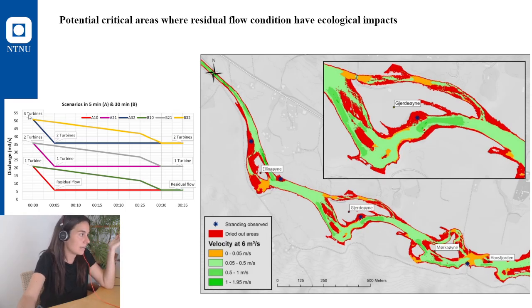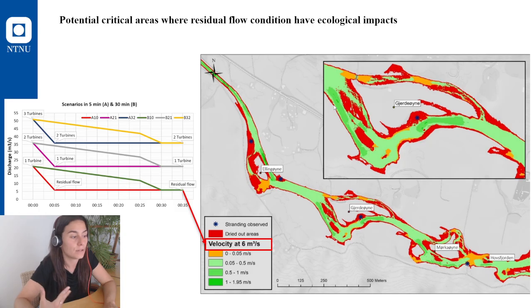We studied different scenarios, going from 3 turbines to 2 turbines, 2 turbines to 1, from 1 to 0. The residual flow is 6 cubic meters per second. So the ecological flow, or the minimum flow, is 6 cubic meters per second. And then we especially studied this residual flow. And this is, for example, the map that we got for a discharge of 6 cubic meters per second.